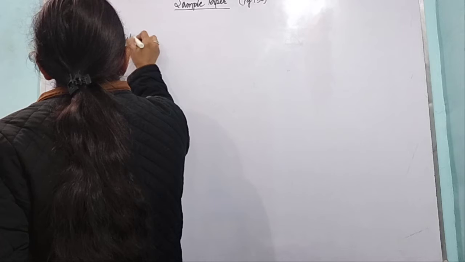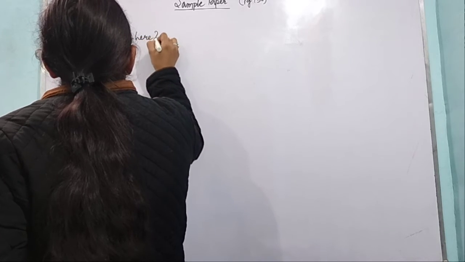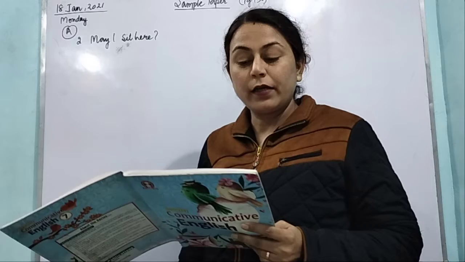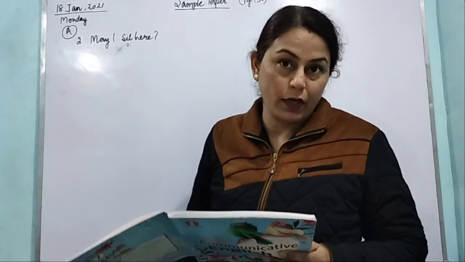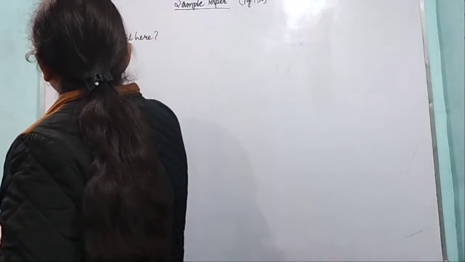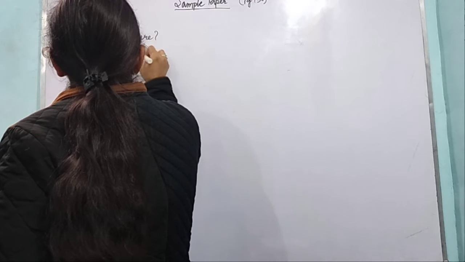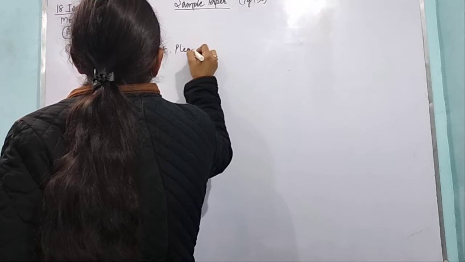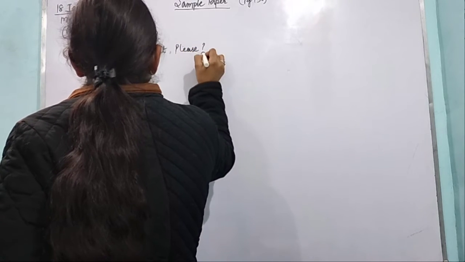So you will ask like this. You are in a class and you want someone to say something again. So how will you ask? Could you repeat it please? Question mark.